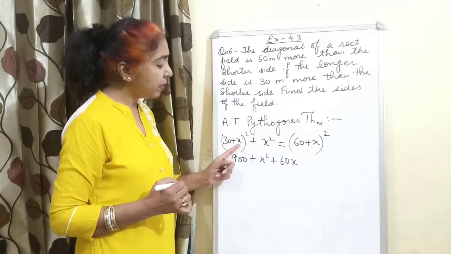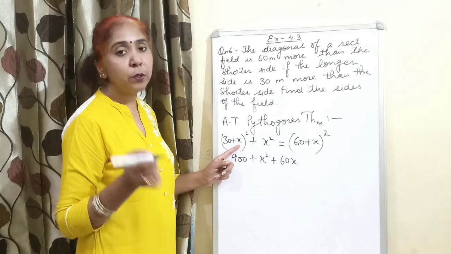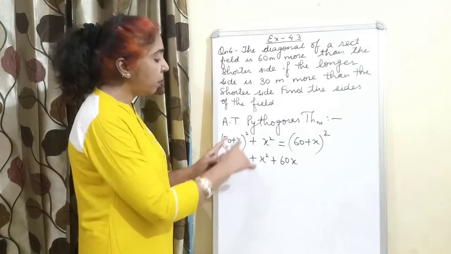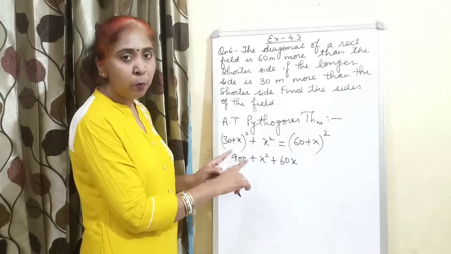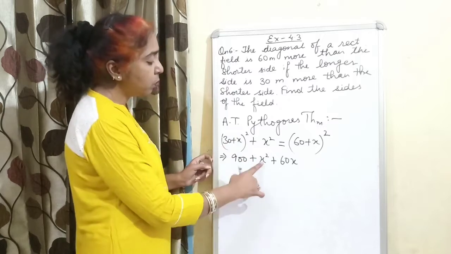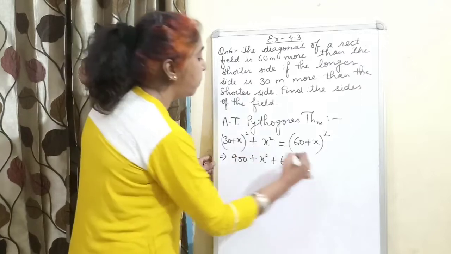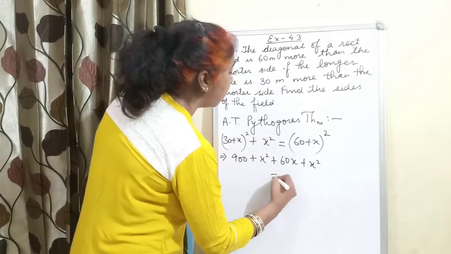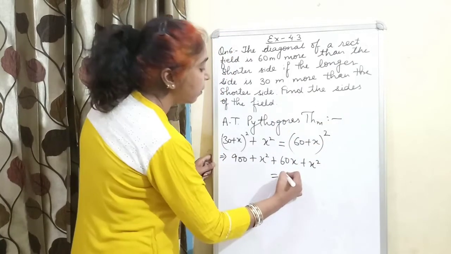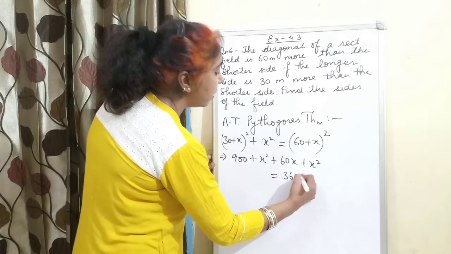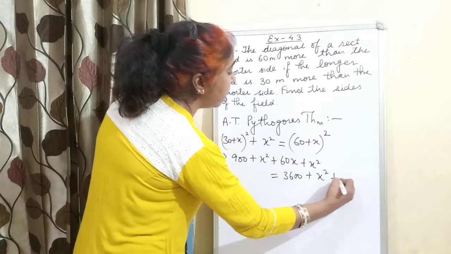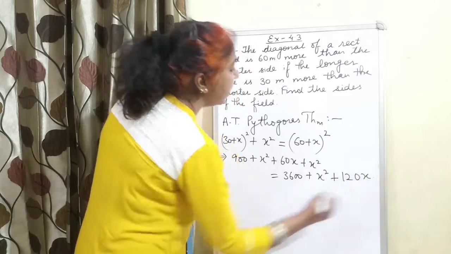Whenever we have two elements in a bracket, please don't open it directly. I told you earlier also, we have to apply the formula a square plus b square plus 2ab, and don't forget this. So plus this x square, and on the right side again open up the bracket, using a square plus b square plus 2ab.